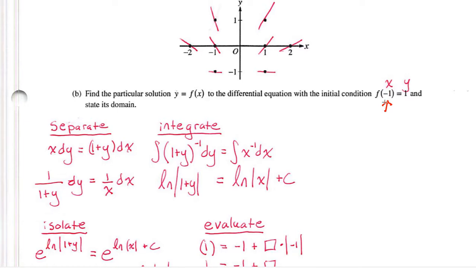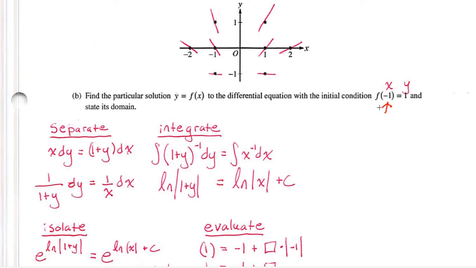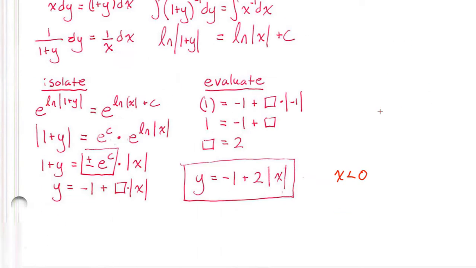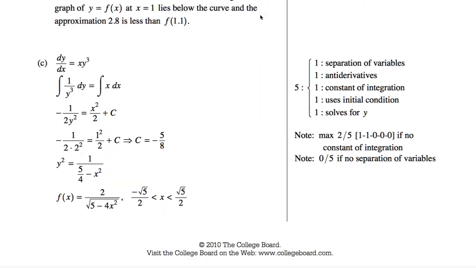Whenever you have an absolute value, you will have one of 2 options for the domain. The first option is x is greater than 0. The second option is x is less than 0. Both those answers stem from where your initial condition is. That's as simple as it gets. You have to have the domain whenever you have an absolute value. But there wasn't any absolute value in this last question, no.